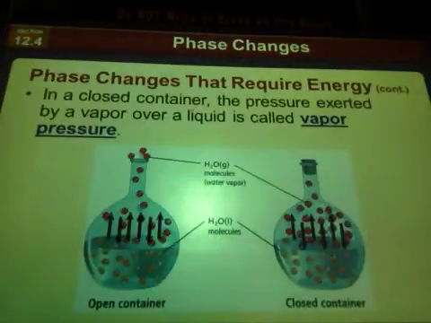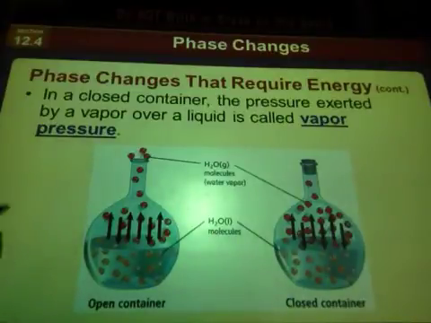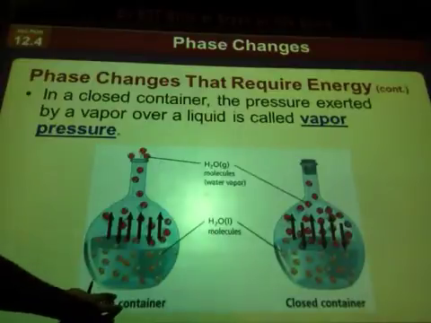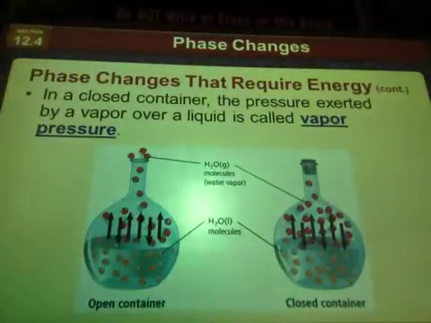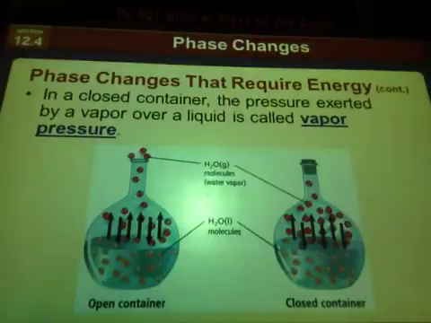In a closed container, the pressure exerted by a vapor over a liquid is called vapor pressure. And there's two different systems here that I want us to look at. We have an open container on this side, and then we have a closed container on this side. In both of these containers, it's just water molecules.